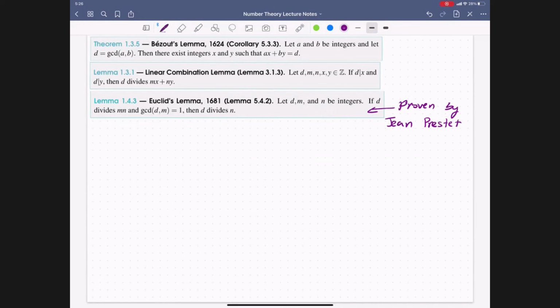It doesn't have the word elementary because it's now assuming techniques in analysis, and therefore the word elementary is reserved for things that don't require any additional mathematics past the 1800s. Usually around 1850 is where the line is drawn. Anything prior to the 1850s is usually considered elementary number theory, with a couple of exceptions. There are some results in analytic number theory that date before the 1850s, but usually early 1800s.